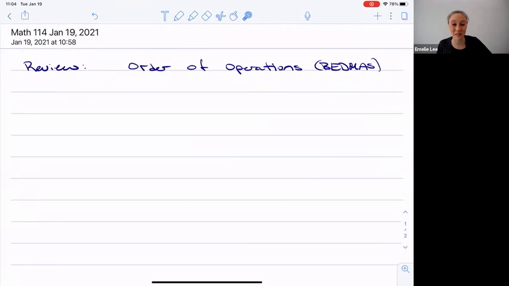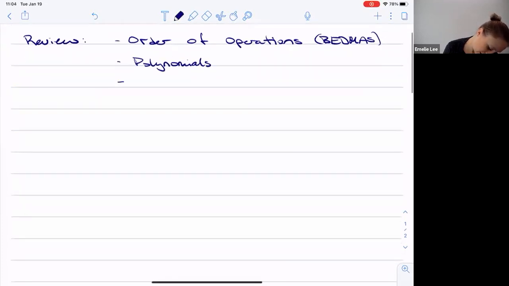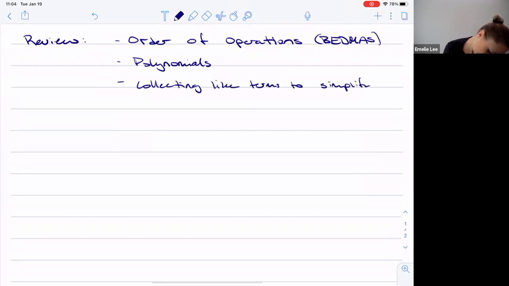Doesn't really, well, BEDMAS doesn't make sense either. We talked briefly about polynomials and collecting like terms to simplify. And then we also talked about multiplying and dividing fractions.